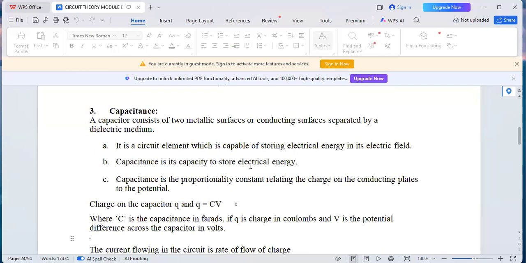So we keep it in mind that Q equal to CV. Q is the charge, C is the capacitance, and V is the voltage or potential difference across the two plates.